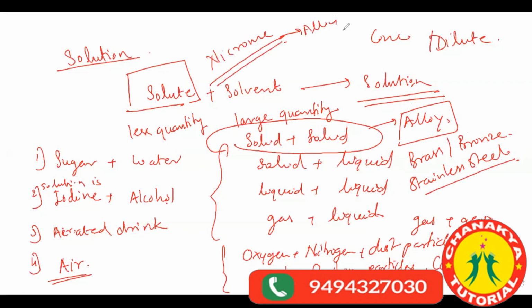Alloy. You might have heard it in your physics. Nichrome wire is made up of nickel, chromium, magnesium. And even iron would be present in that. So, ma'am, it is a mixture of solid mixed with solid.